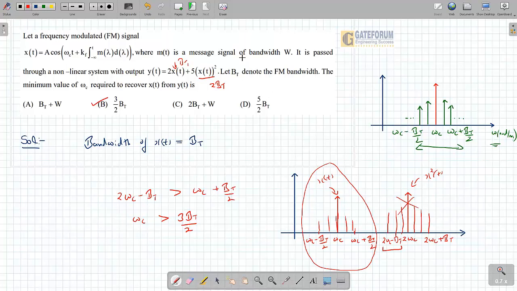Otherwise, we can determine delta F also, because message signal bandwidth W is given and BT is given. So BT is 2 times delta F plus W. So delta F is going to be BT by 2 minus W. So in this case, delta F will become multiplied by 2.